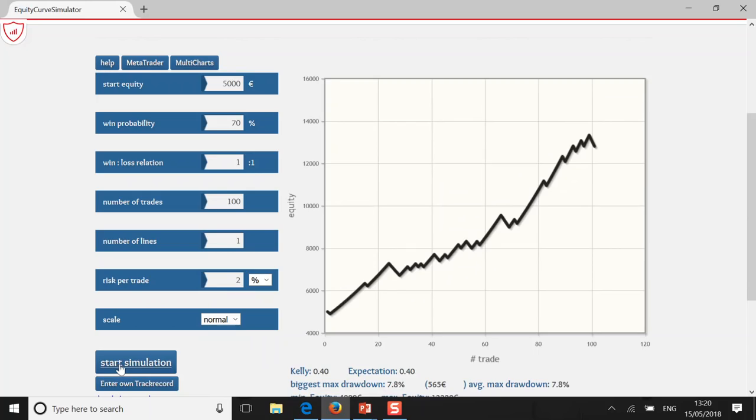So the decisions that you make, it's really going to come down to what your expectation is. I know some people would be happy with a 70% system, which has a reward to risk of 1-to-1.